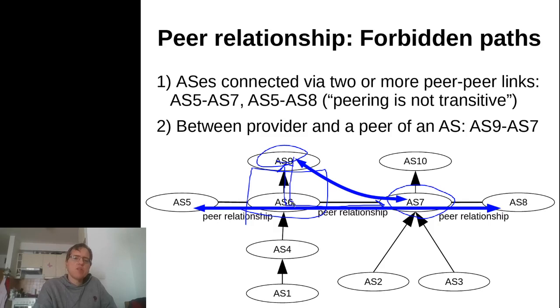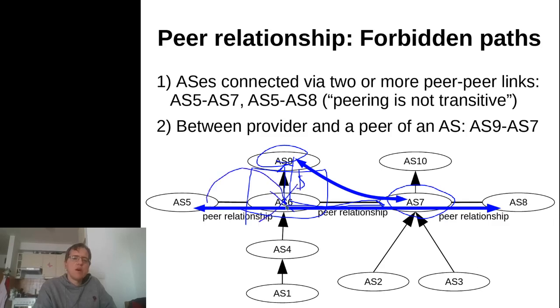If it allowed traffic to flow through its network along this red path, it would need to pay a transit fee to AS9 for every single bit that it allows to flow along this path, even though it is contracted by neither AS9 nor AS7 to route traffic along that path. So it will just block these types of paths.